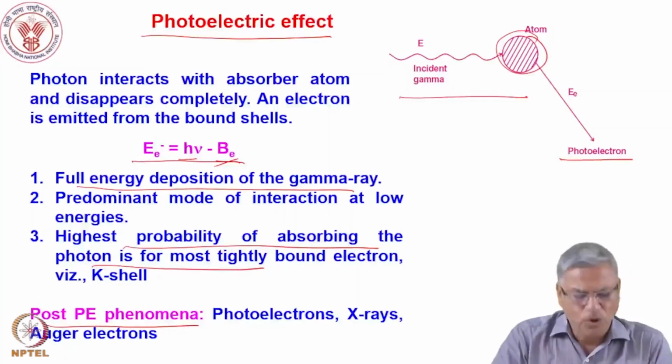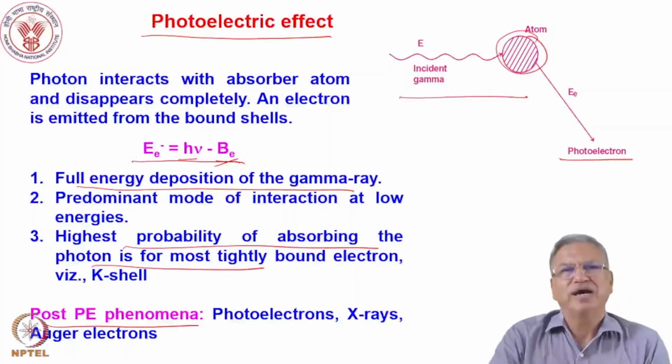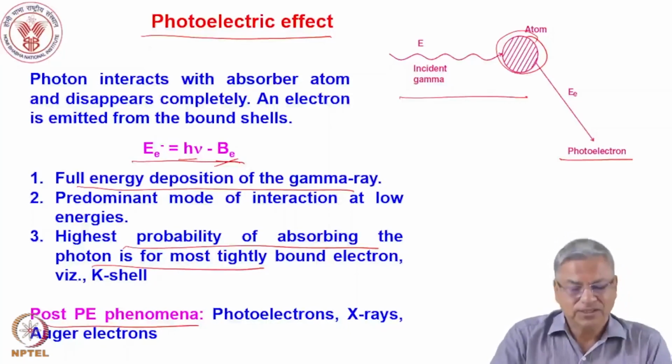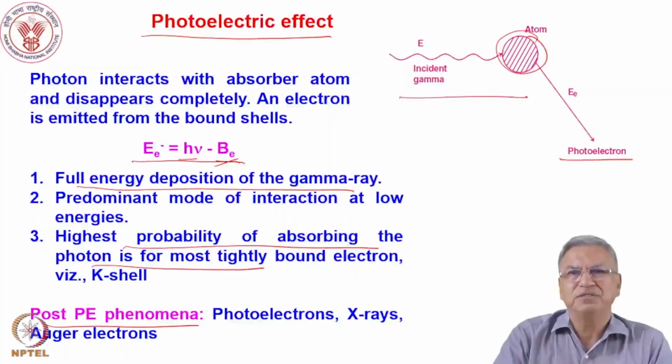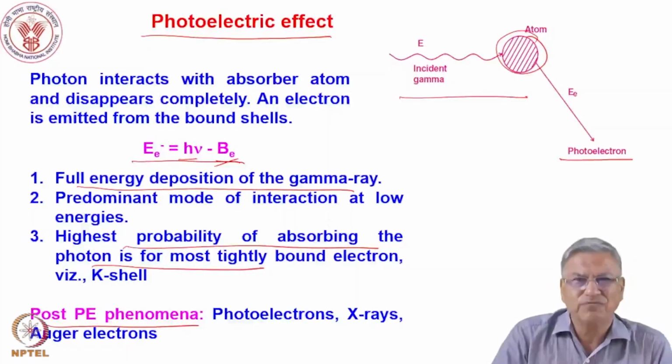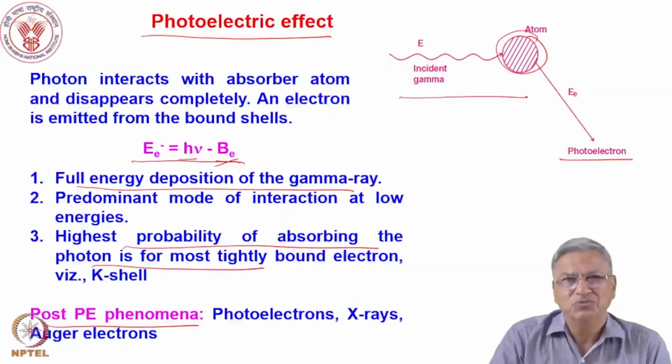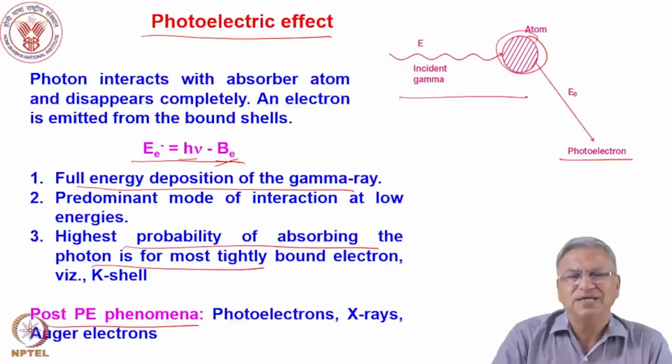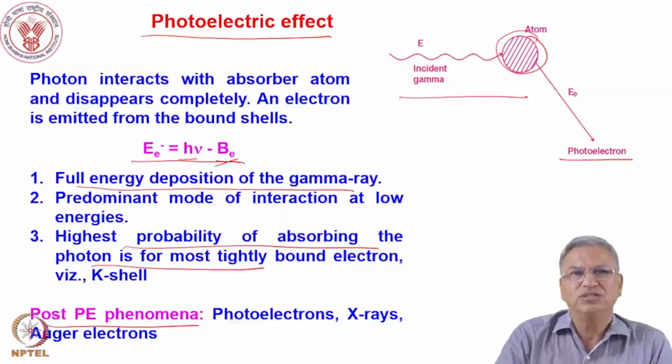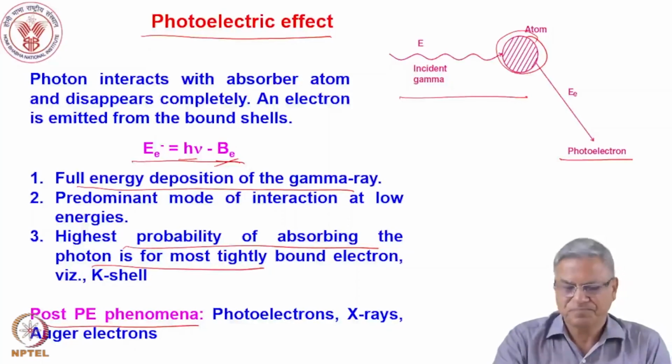So as a result of the photoelectric effect, we have photoelectrons, X-rays, and Auger electrons being emitted, and all these X-rays again will cause photoelectric effect. Their energies are much smaller, so they have much smaller ranges, and so all of them ultimately deposit energy in the medium, and you get the full energy deposition in the substrate.